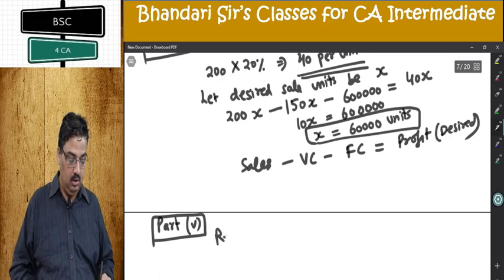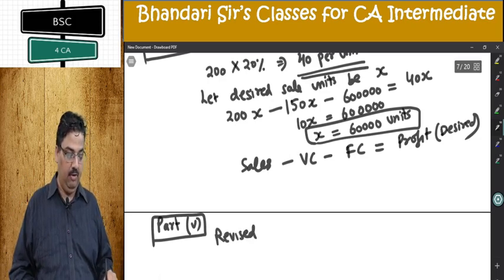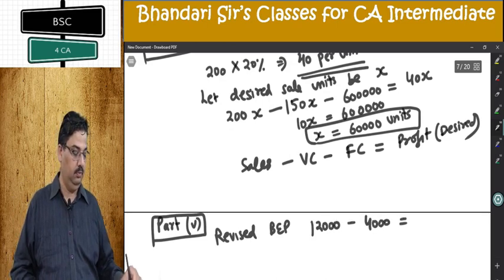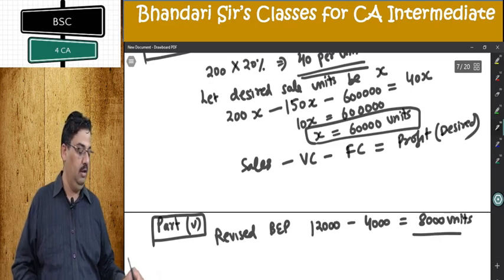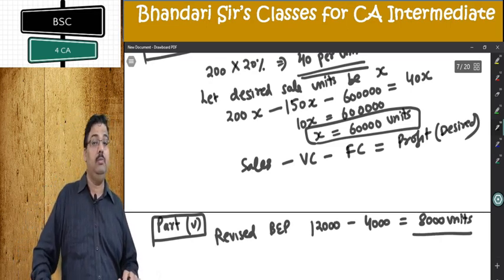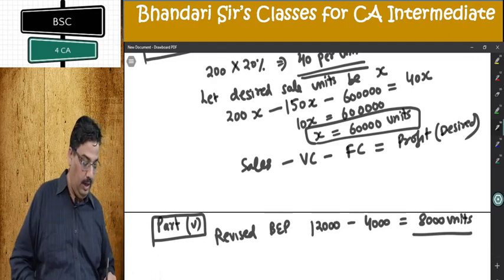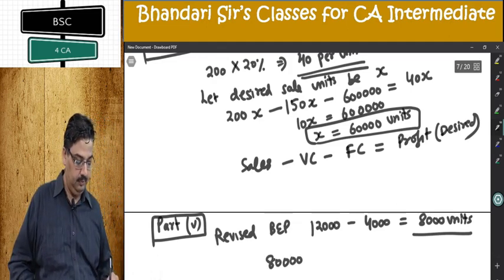Means revised break-even point is 12,000 minus 4,000, 8,000 units. If it said to 4,000 units, my answer will be different.